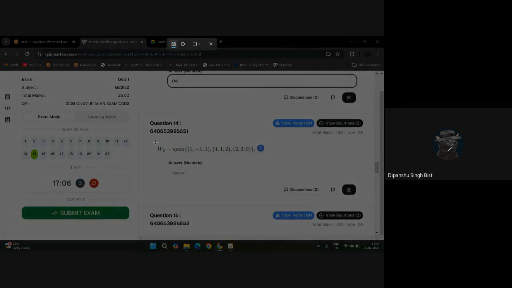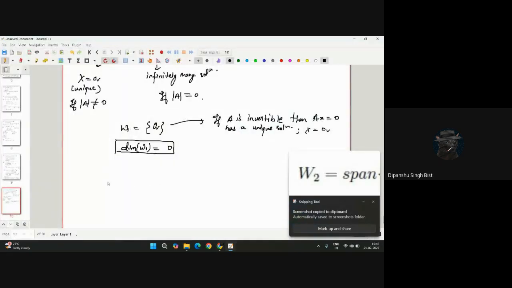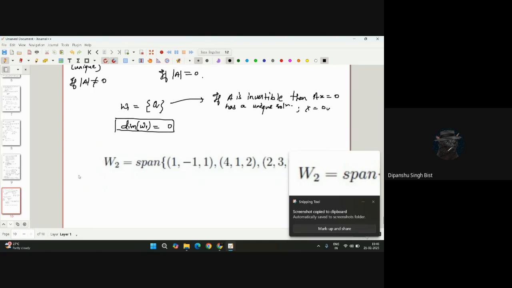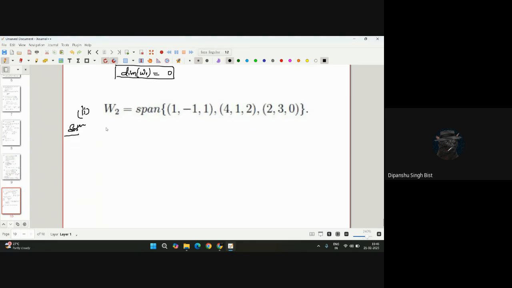Then you say span of this. Here a spanning set is given to you, and we did something similar before: to find the basis and then calculate the vectors in the basis. To find the basis, first arrange them as rows: 4, 1, 2, and then 2, 3, 0.